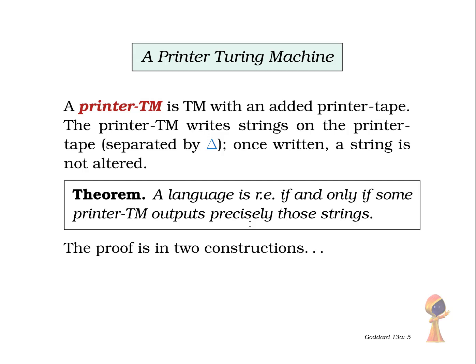This is proof by construction. So we'll develop two constructions here. The first one is for printer Turing machine to standard Turing machine.